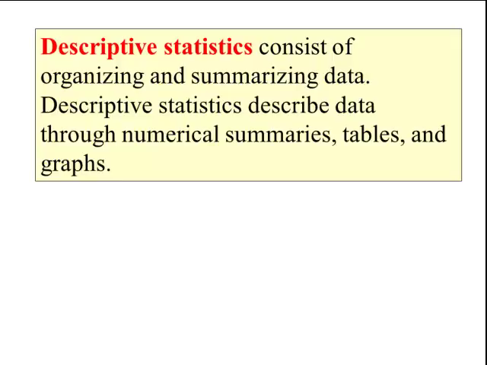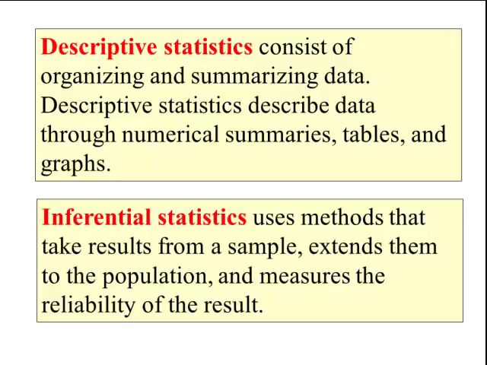An example of numerical summaries would be X bar, the median, standard deviation. Tables could be frequency tables or relative frequency tables, and graphs could be histograms, pie charts, bar charts, box plots. Now the other branch of statistics, inferential statistics, uses methods that take results from a sample and then we extend them to a population.